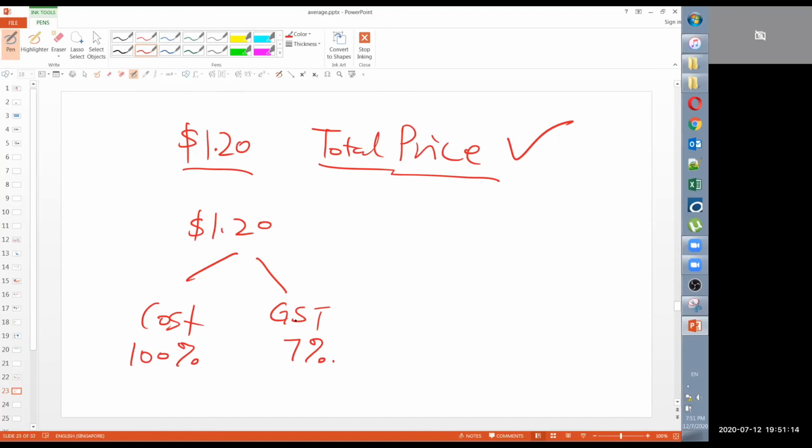Right? Yeah. So now, can you start to see your 120 is actually your cost, which is 100%, plus the GST 7%. So what is the total percentage now? So your this 120 is actually, what is the total percentage? What's the total percentage here?